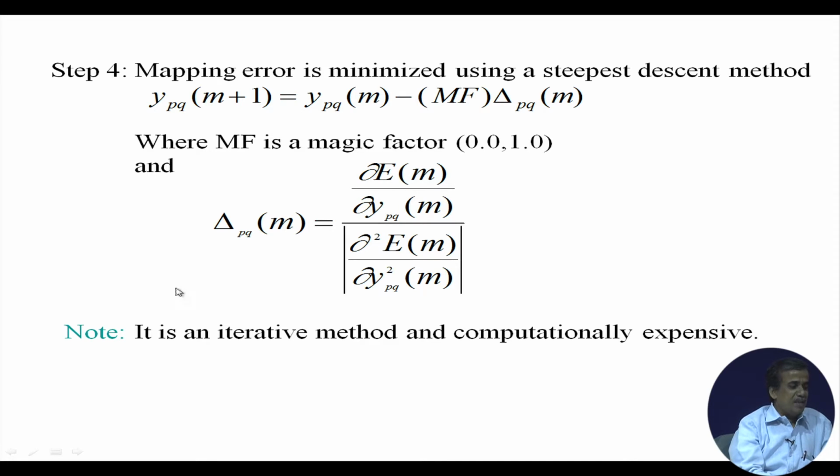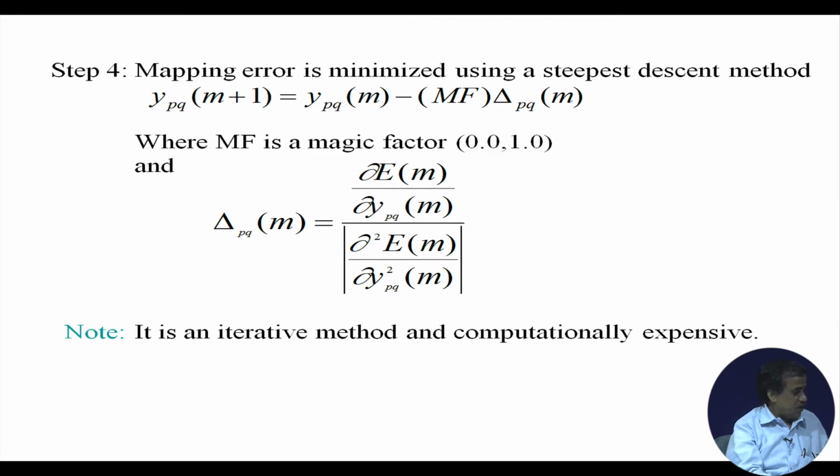Now, this particular method is an iterative method and computationally very expensive. Our experience says it generally takes 100, 150 iterations to give you a very accurate mapping. Okay. But you will be getting very accurate mapping using this method.